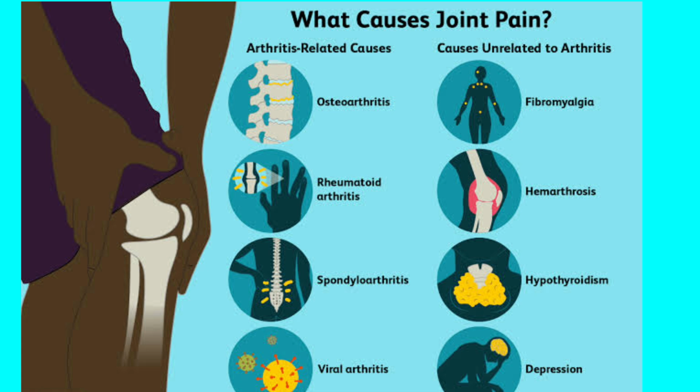But if it is inflammatory type of pain, we have to classify it as either seropositive or seronegative inflammatory pain. If it is seronegative, we have the mnemonic PEAR.